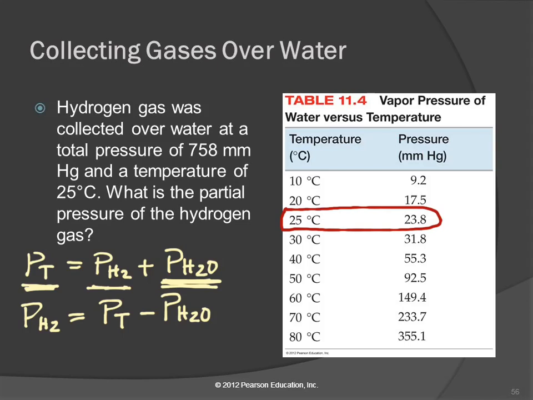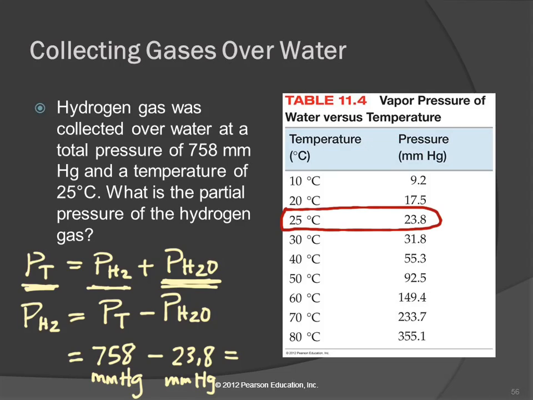So the pressure of the hydrogen is going to be the total pressure, which we were told is 758 millimeters of mercury. I'm going to write it down here because I'm going to run out of room. And we're subtracting the pressure of the water, which we look up in the table. It's 23.8 millimeters of mercury.